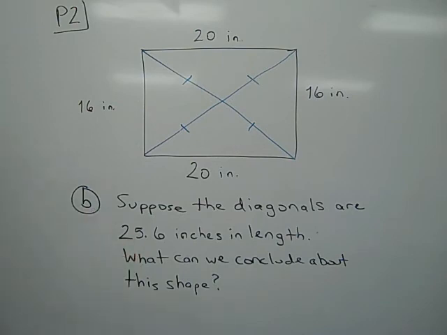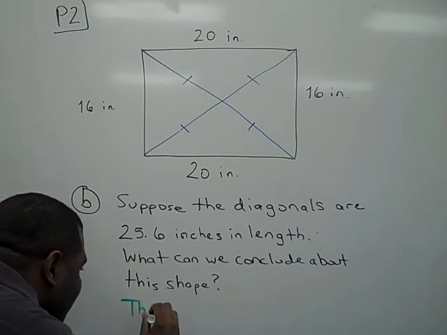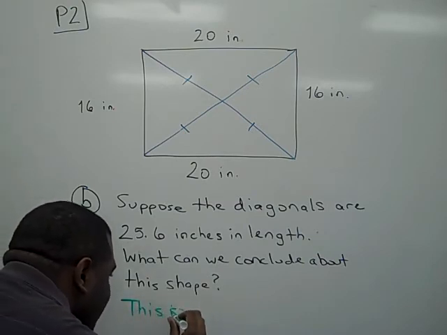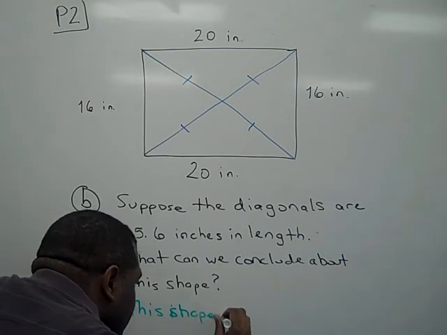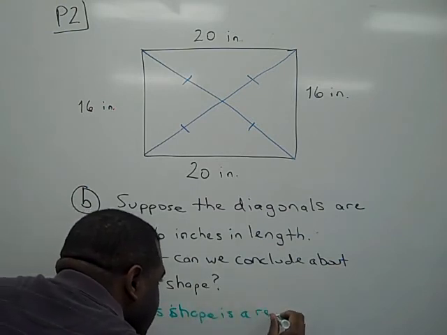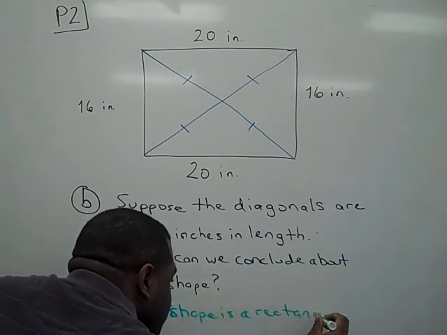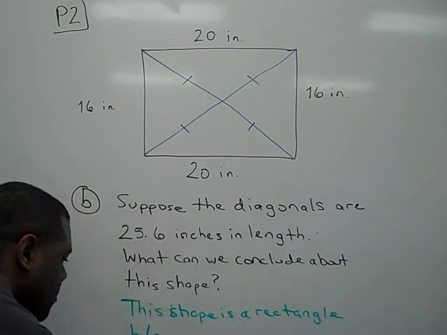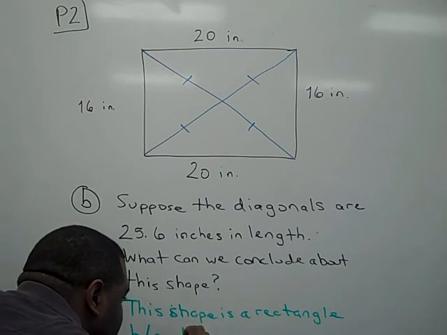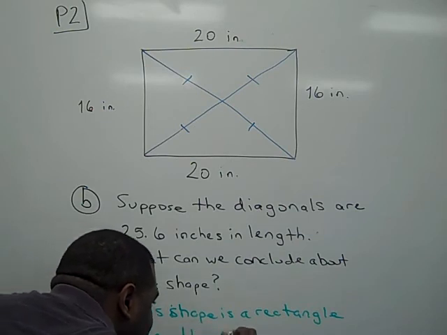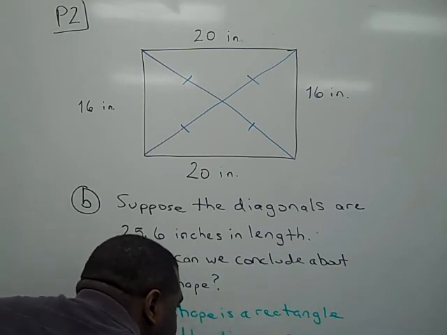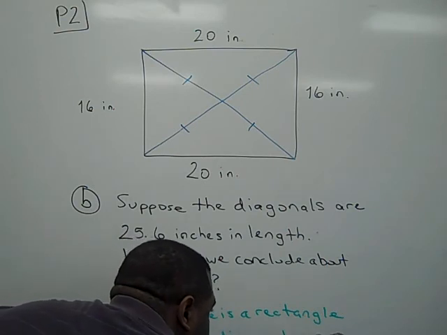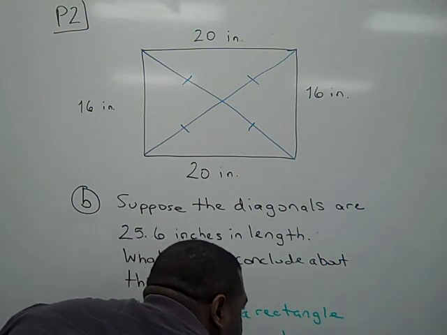So, what can we conclude? We conclude that this shape is a rectangle because the diagonals are congruent.